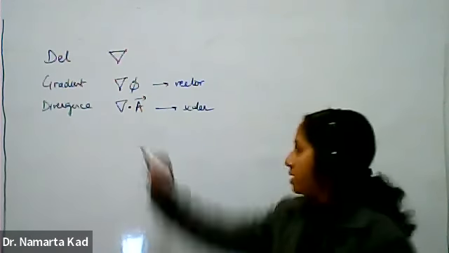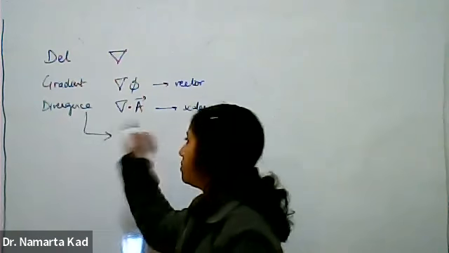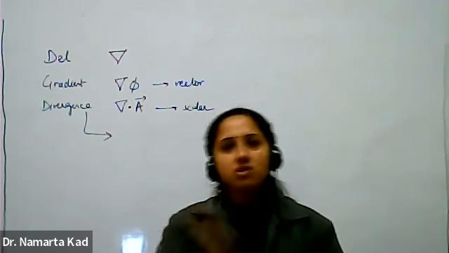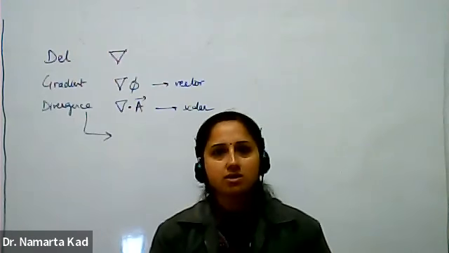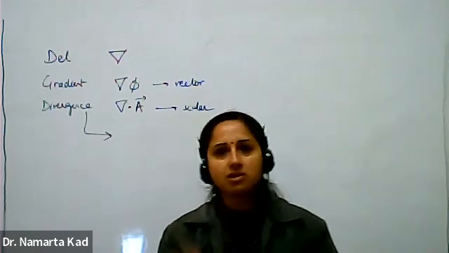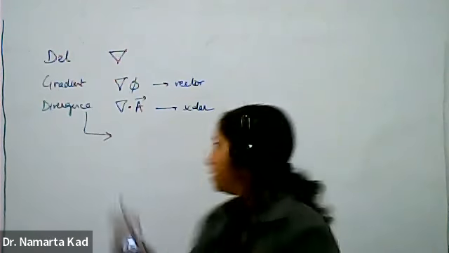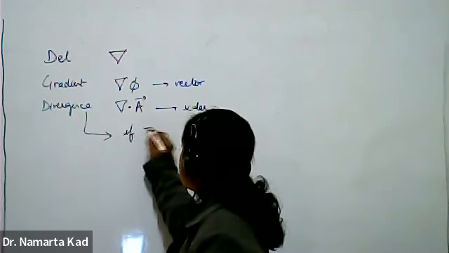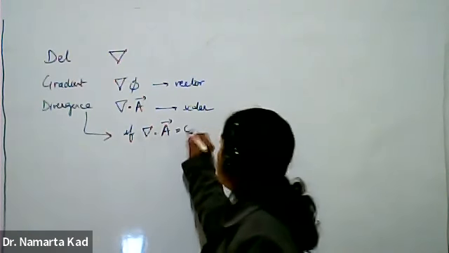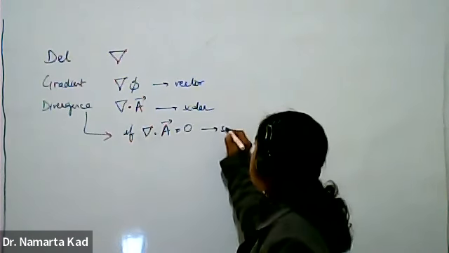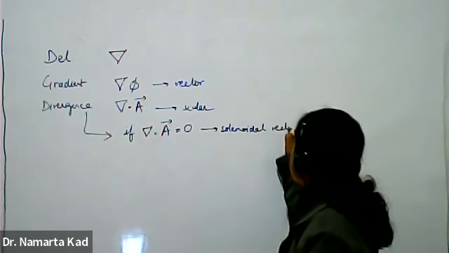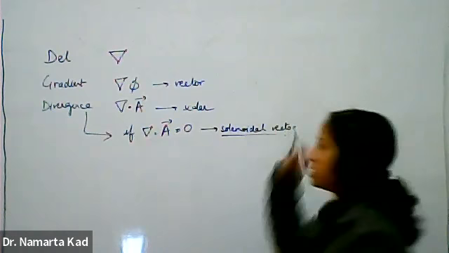Under this, we also covered one very important topic: if del dot a vector is equal to 0, then this is called a solenoidal vector.